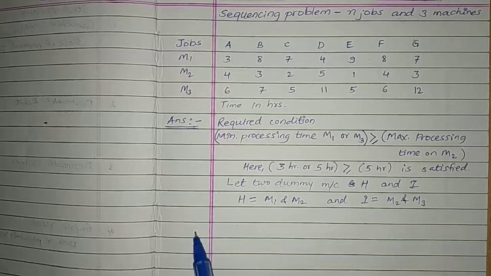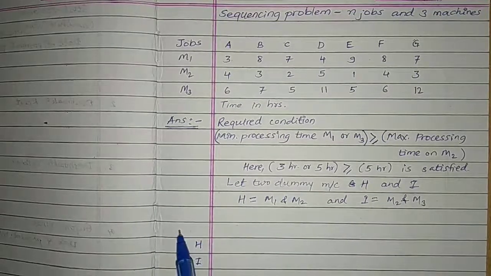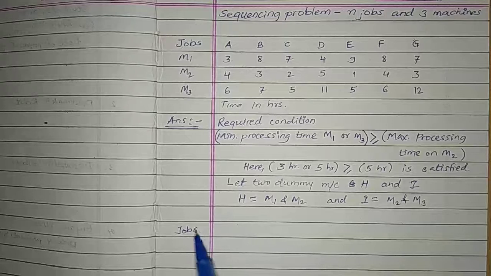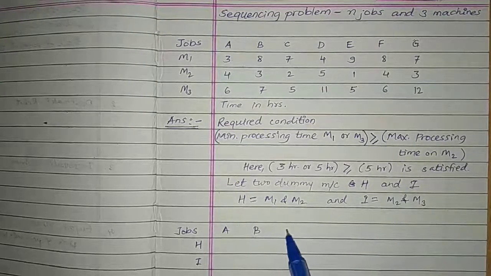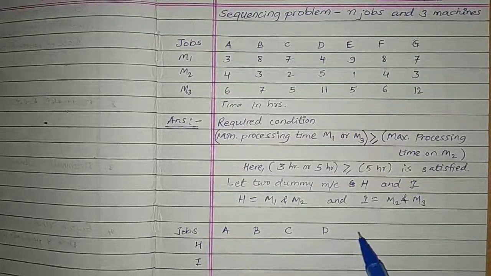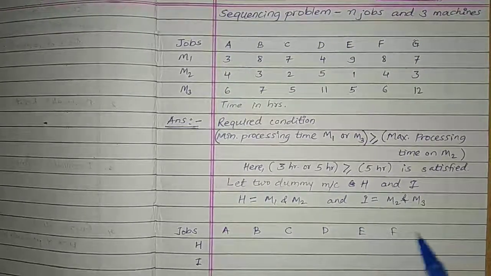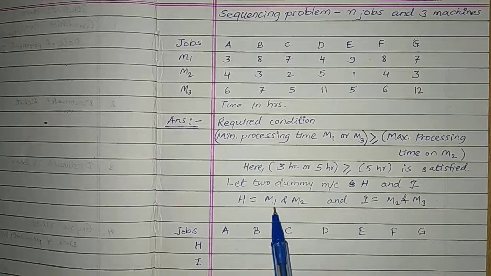Now let us calculate the processing times for the jobs on machines H and I. For each of the jobs, let us find out the processing times on these two fictitious machines. For machine H, we will consider the sum of processing times of M1 and M2.